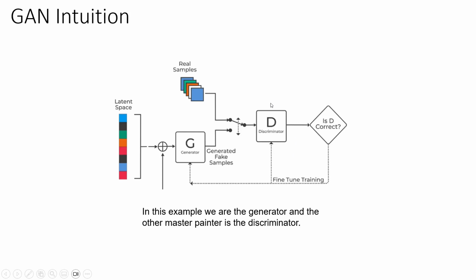And then we have another network, the discriminator network, which sees both real samples and fake samples, and it can say whether something is real or forged. That's the job of the discriminator. So the job of the generator is generating images, and the job of the discriminator is discriminating whether something is forged or genuine. Okay.